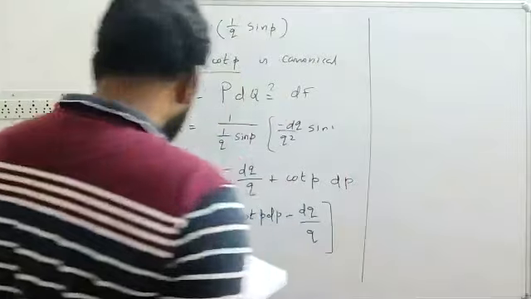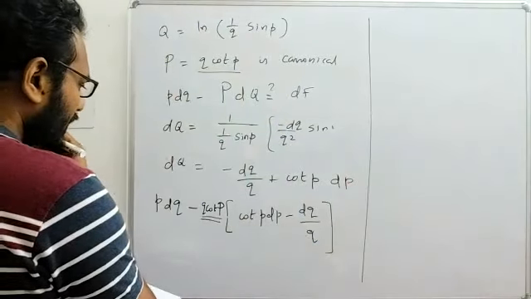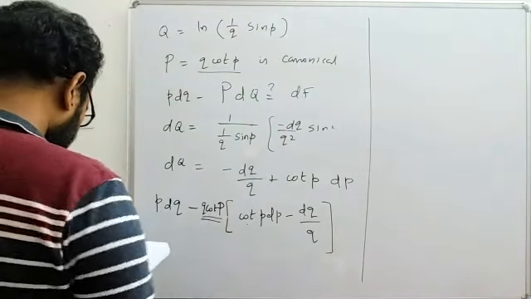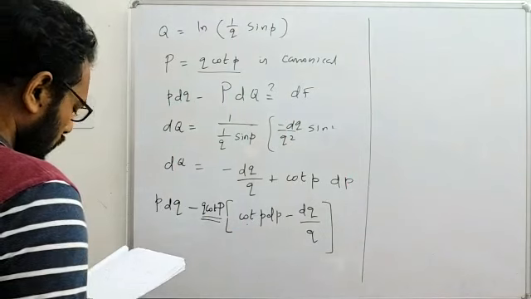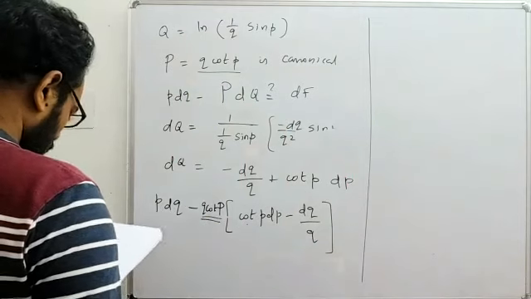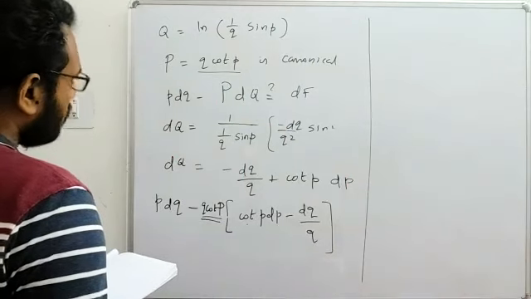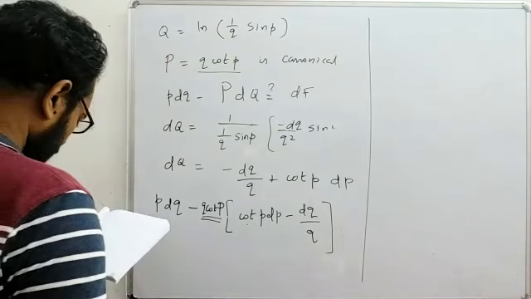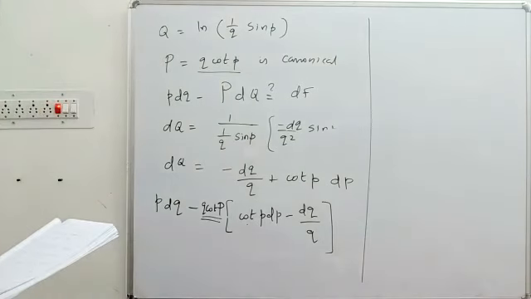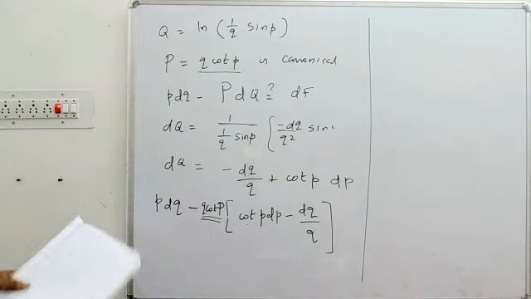If you take this dq and combine, you get cot P there. So we take dq.